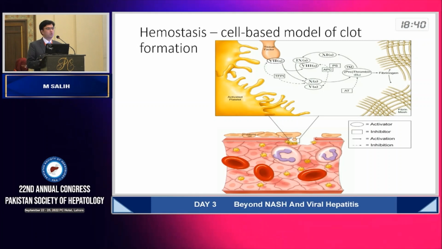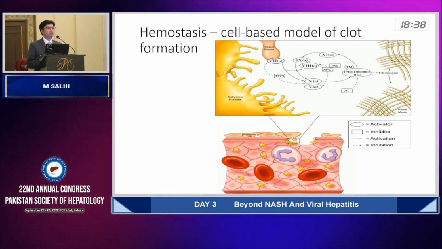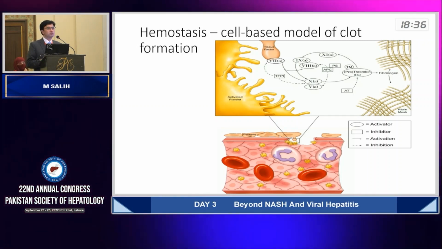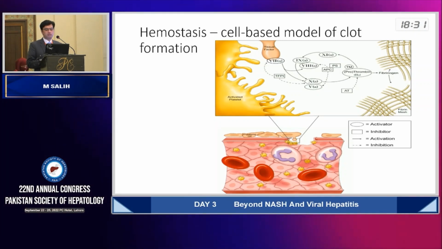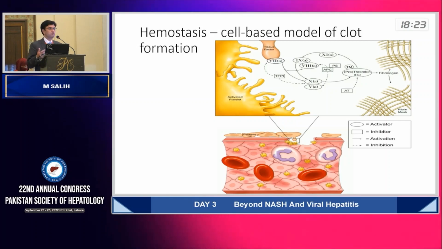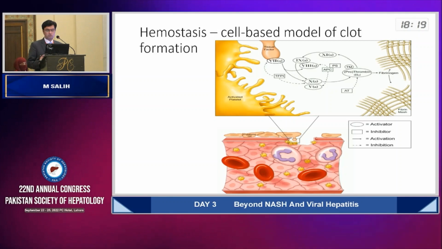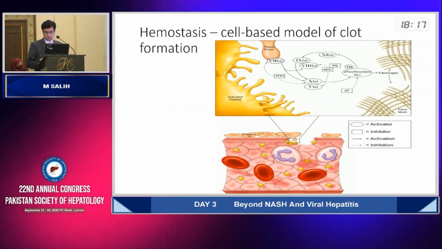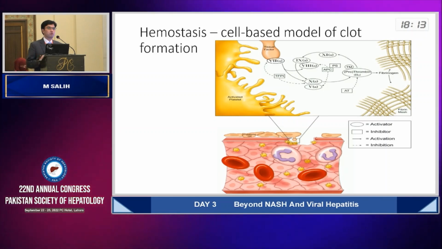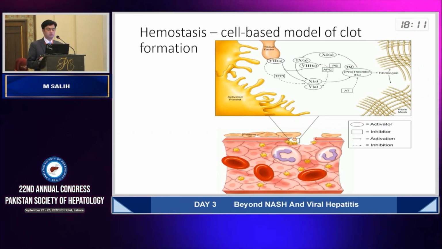So platelets along with the tissue factors, and in combination whether the procoagulants or anticoagulants are activated. You can see some of them are in the rectangular form, which are the anticoagulants, while others are in the oblong circles, which are the procoagulants. The continuous lines are prothrombotic or activating, while the dotted lines are the inhibitory pathway. So that's how a clot is formed, and that's how our hemostasis, or the fluidity of the blood, is maintained in normal health.